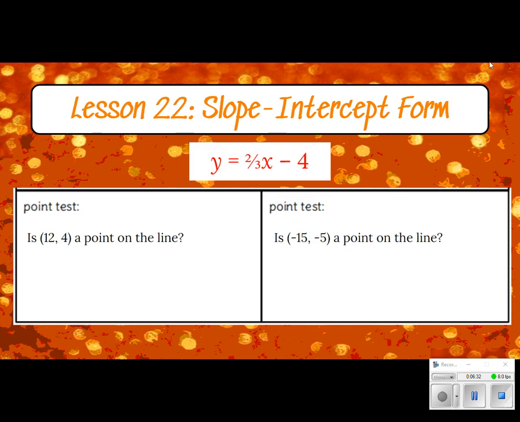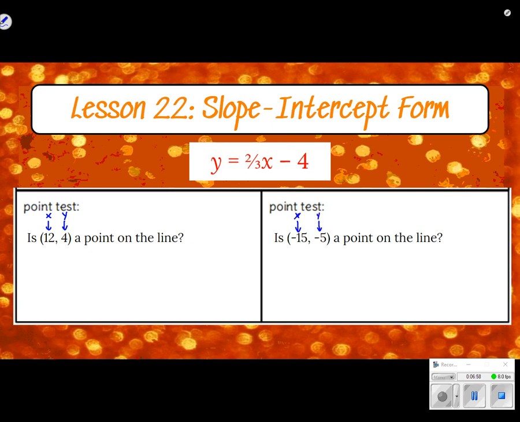All right, so what we're going to do is check to see if these points are on a line. Now, I know that we just graphed this line, but later on, you may not have the graph of a line, but have to check, is this point on the line? So we're going to check by plugging things in. We have an x value and a y value. Same thing over here. We have an x value and a y value.